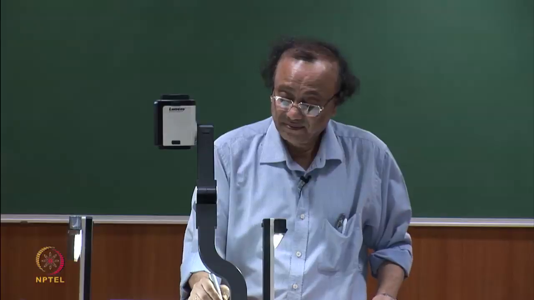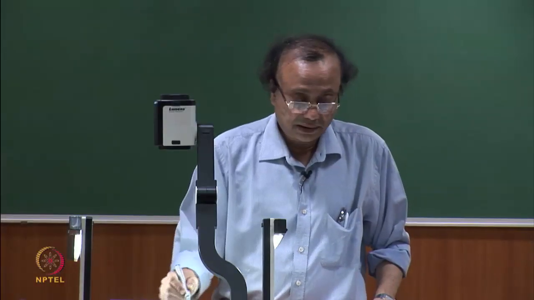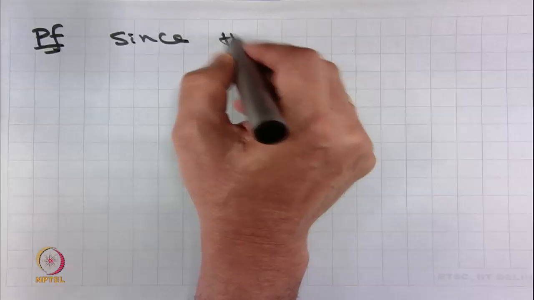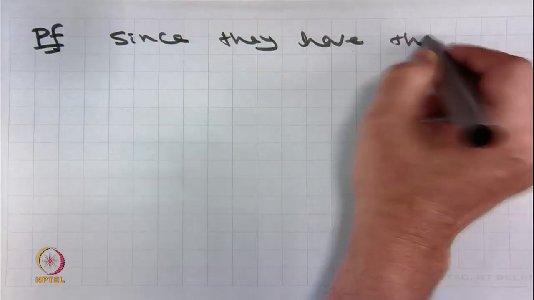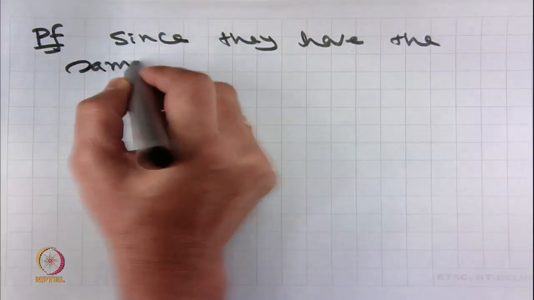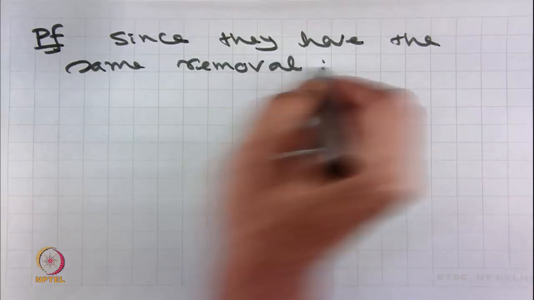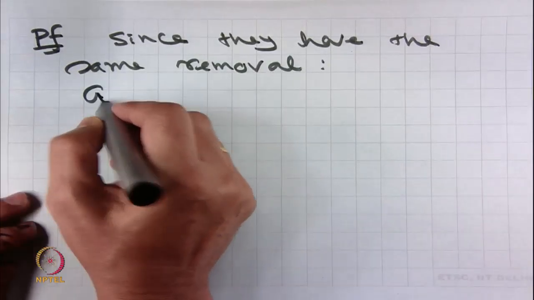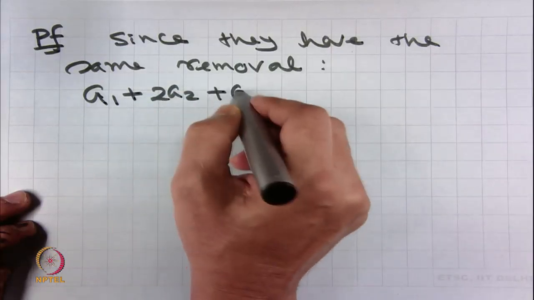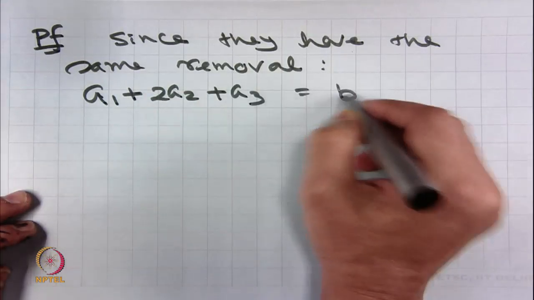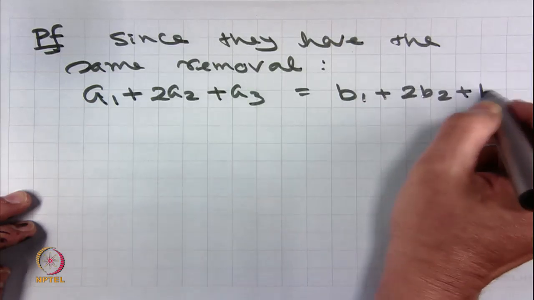Proof: since they have the same removal, therefore A1 + 2A2 + A3 = B1 + 2B2 + B3.